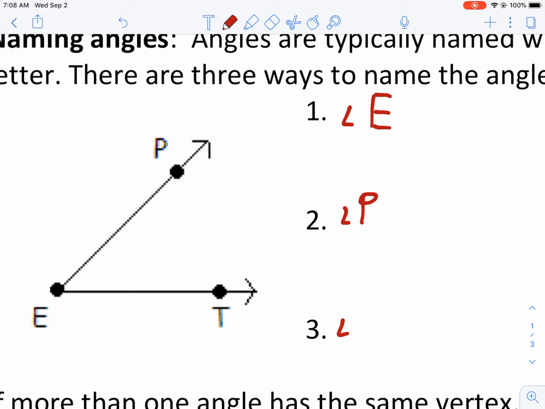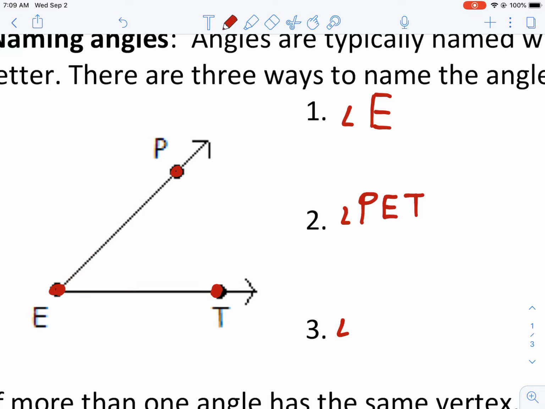For example, we could say PET. When you're naming the angle, you've got a point, then a side to the vertex, and then the second side. So we're going P to E to T. These letters are describing how the angle is made by its sides, like which points the sides go to.